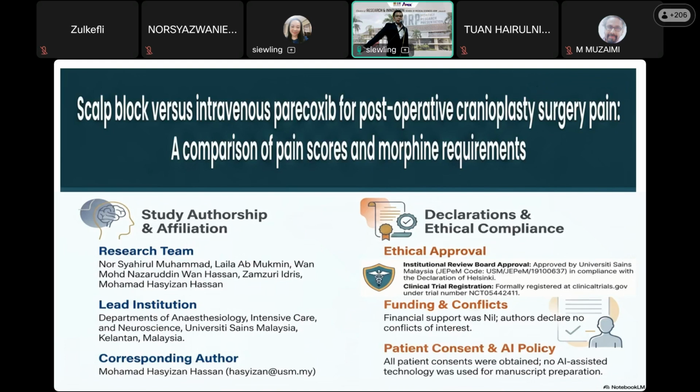It received ethical approval from the local JEPeM institutional human research ethics board, and we also registered the study under clinical trial registration. There is no funding declaration, as we did not have funding for this study, and no AI was used for the preparation of the manuscript. However, I have to declare that for the PowerPoint presentation today, I used NotebookLM.